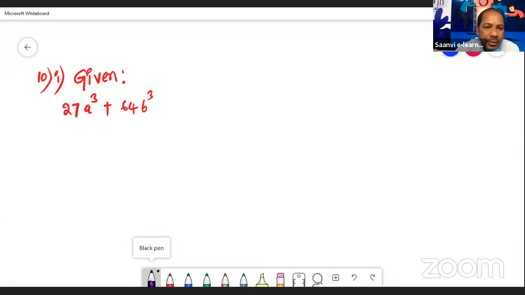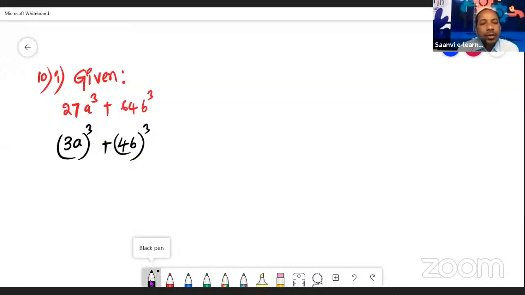Here, 27a cube we can write as (3a) whole cube. Yes, it means it is 3 cube and a cube. 3 cube value is 27, and a whole cube means a cube. Plus the 64b cube, how can we write it? Can we write (4b) whole cube?